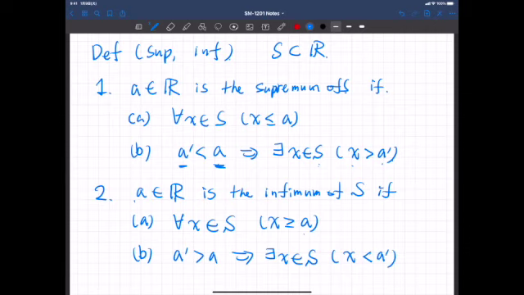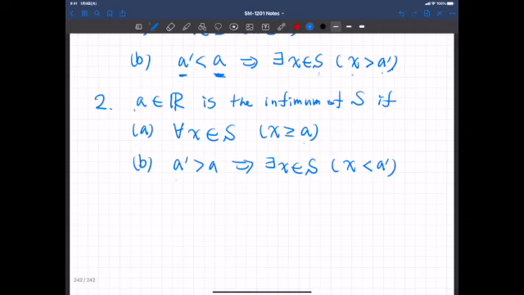So this means if A prime is greater than A, even very slightly, this A prime cannot be a lower bound of S. In other words, A is the greatest lower bound of S. So the infimum is defined by these two conditions. It is a lower bound and it is the greatest lower bound. Okay.